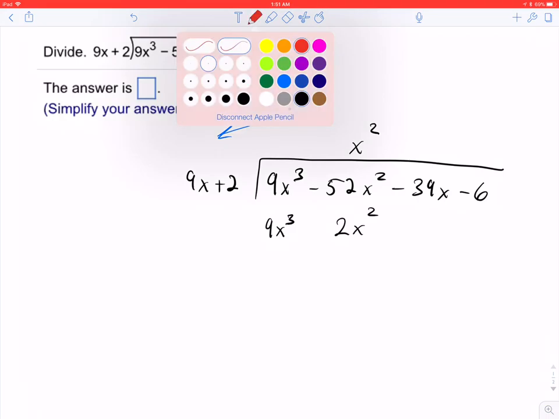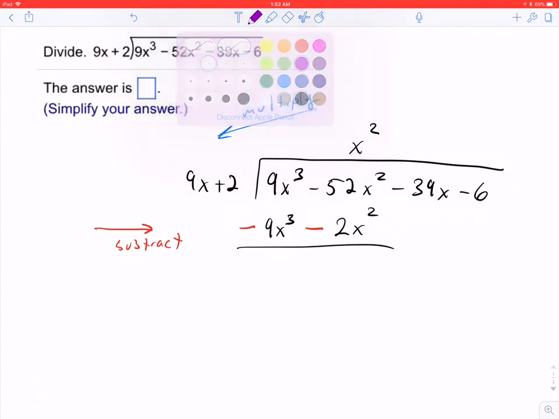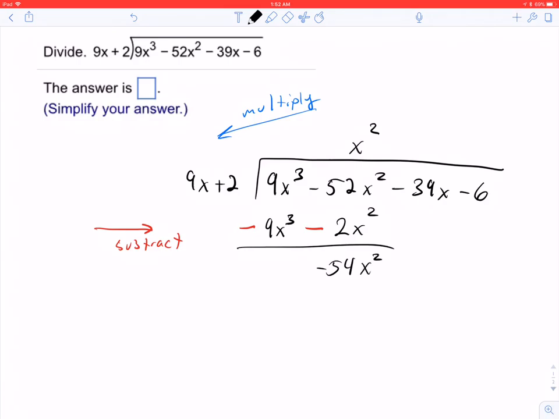The next thing we want to do is subtract. In other words, we distribute a negative into this row, so this goes from positive to negative, and this goes from positive to negative. Now this first one cancels to 0, and then negative 52 plus a negative 2 is negative 54x squared.